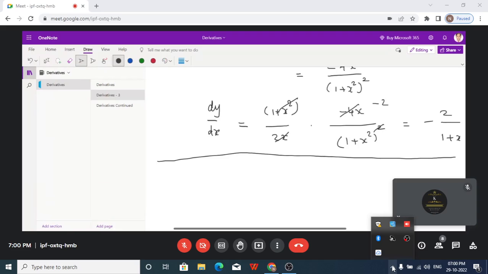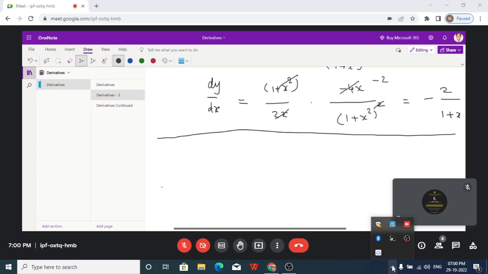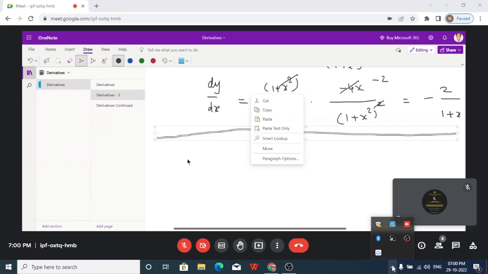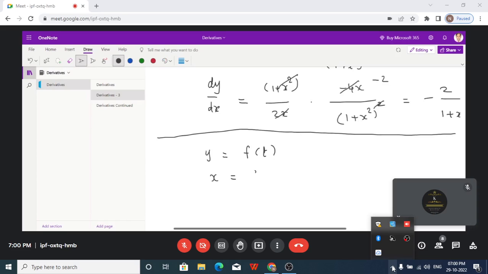Okay. There are more problems, but before that, I want to tell you one more concept. The relation between y and x can be represented by what is called the parametric method, or parametric functions. These are called parametric equations. We say y can be written as some function of t, and suppose x is another function of t.